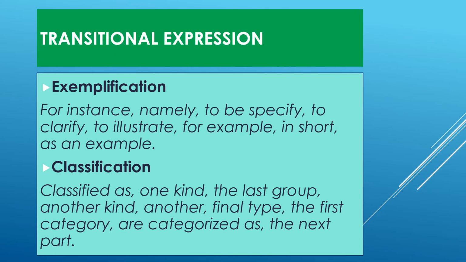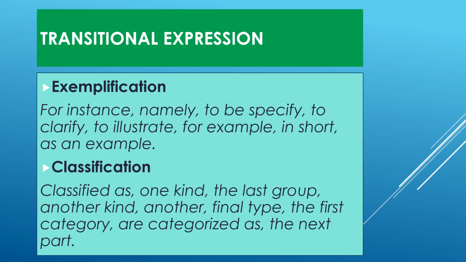Now, here are some transitional expressions in writing effective exemplification and classification paragraphs. For exemplification paragraphs, you can use for instance, namely, to be specific, to clarify, to illustrate, for example, in short, as an example.